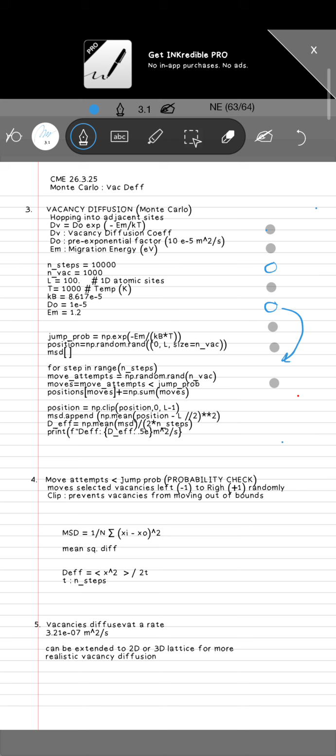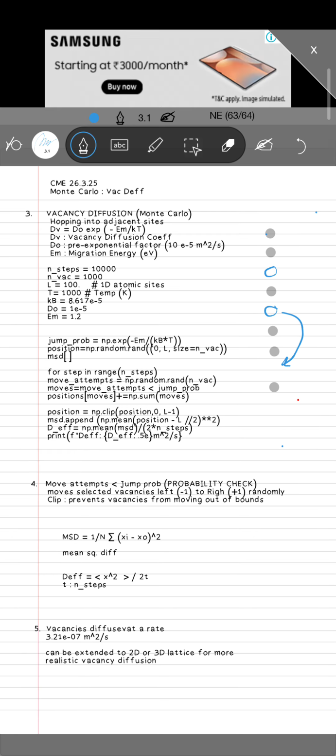Now, this process can be visualized with the help of the Monte Carlo simulation, which, as previously told, is a technique involving random numbers, a probability distribution. So the process of hopping again is related to the temperature and to the migration energy required to hop.